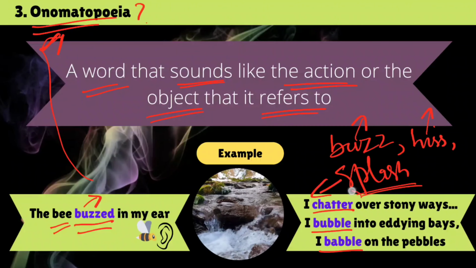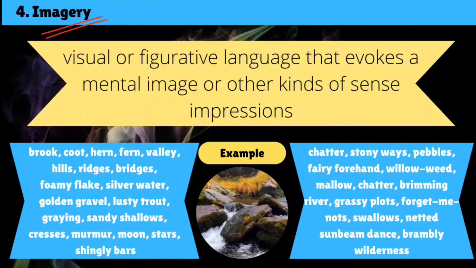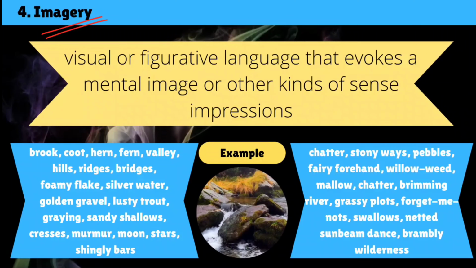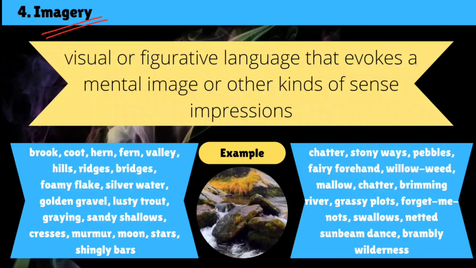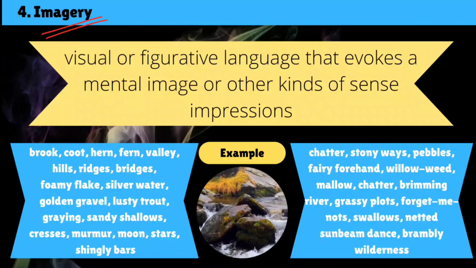The fourth technique that the poet has used in the poem is imagery. You know, without imagery, I think a poem is not a poem. And this device has been used by the poets a lot, widely, in abundance.